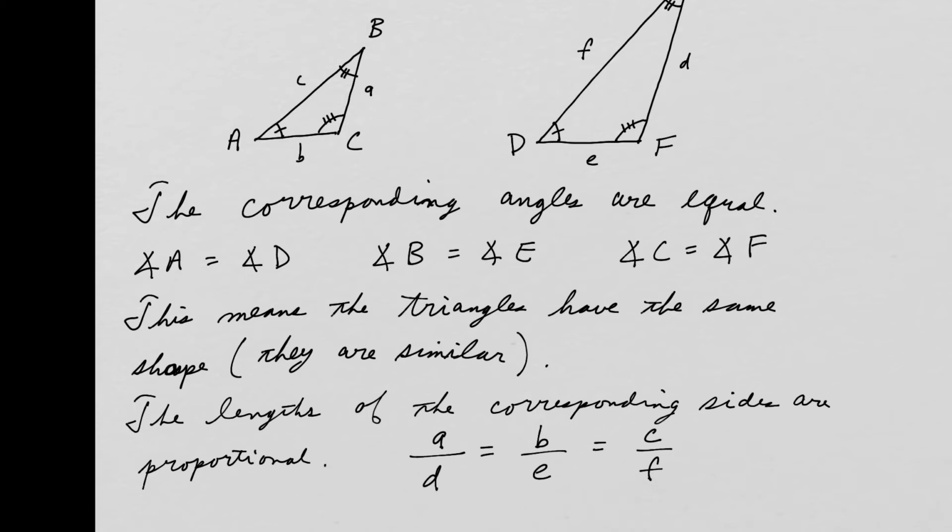Okay, so if we know two triangles are similar, we can use this to determine the length of unknown sides. So let's do an example here. Let's say I have this triangle, and I'll call it LOM. And let's say these lengths are 8 feet, 6 feet, and 10 feet.